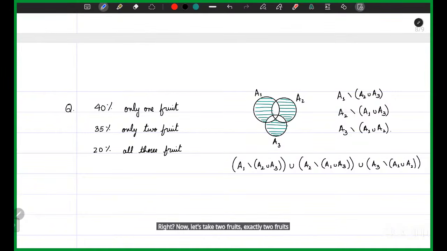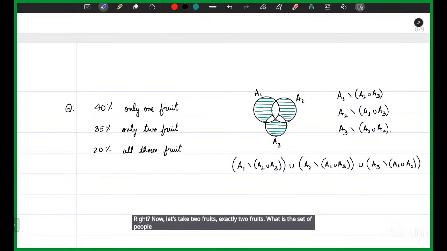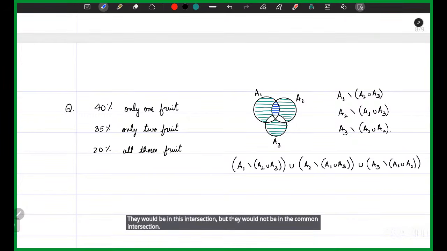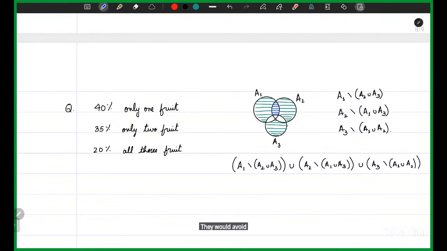Now let's take exactly two fruits. What is the set of people who like exactly two fruits? So either they like exactly the first and second fruit. They would be in this intersection, but they would not be in the common intersection. They would avoid A3, right? And now if you take A2 and A3 and not A1, that would be this region.